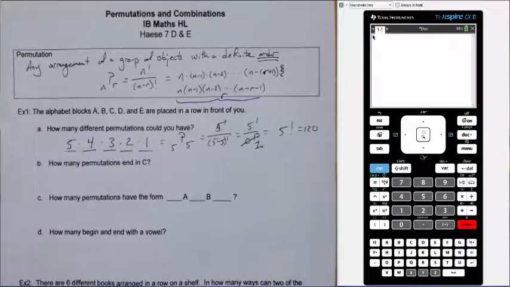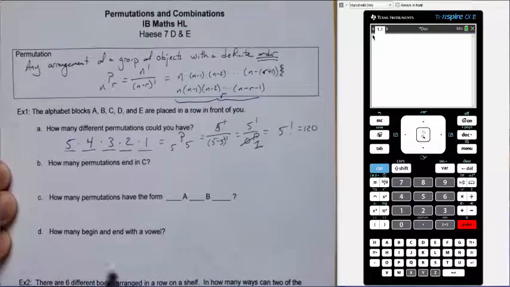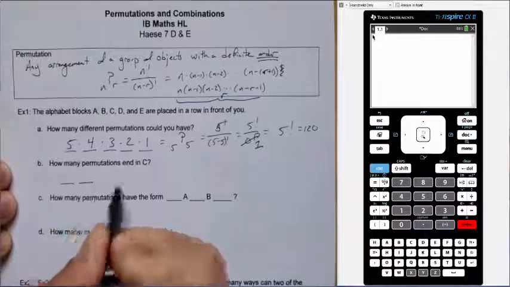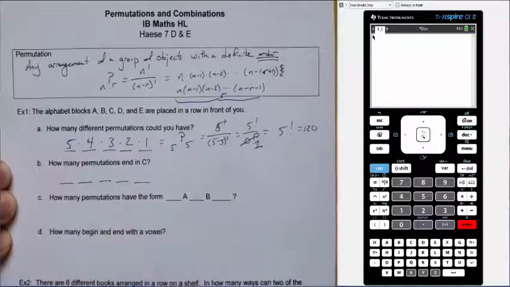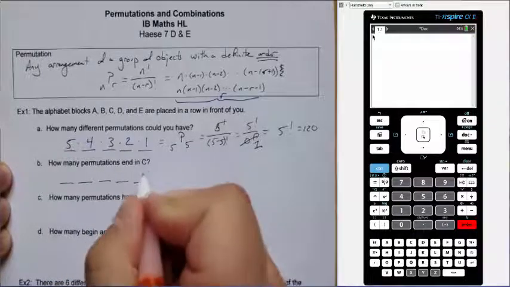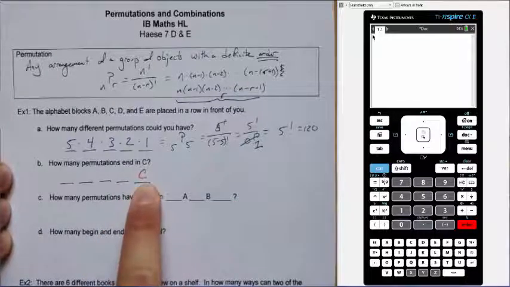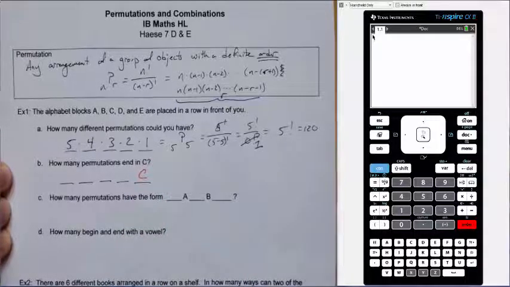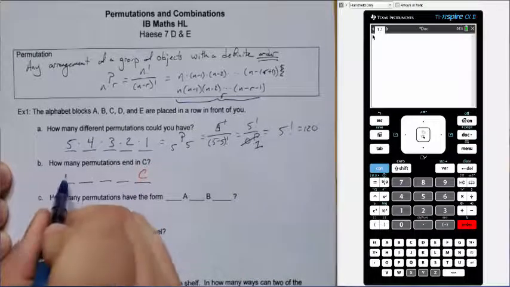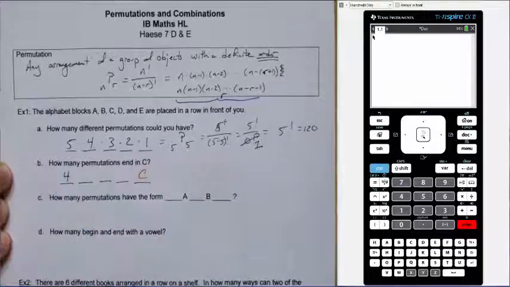Vary the question slightly. How many permutations end in the letter C? So if I look at, again, a picture of all the arrangements, this time I'm going to fix C in the last spot, meaning I'm forcing a C to be here. There's only 1 choice for the last spot, and it's C. So what do I have left? Well, now there's only 4 blocks to put in the first one.